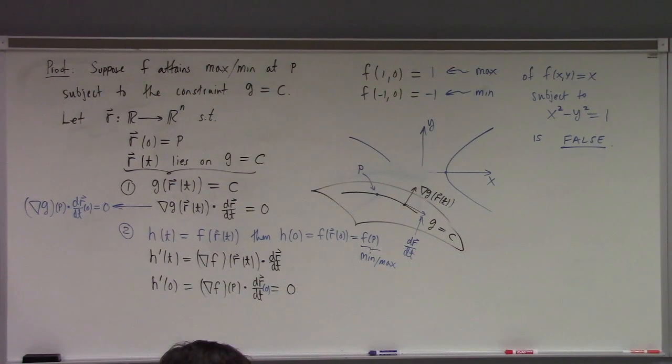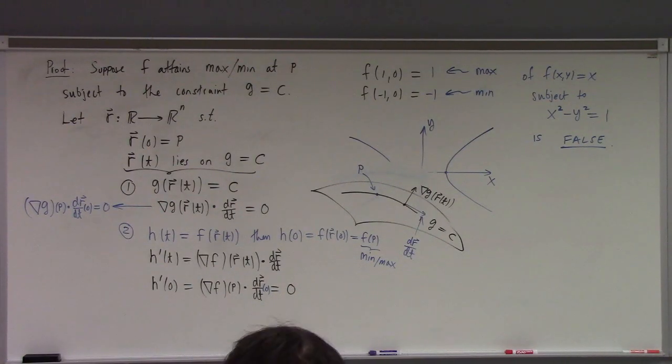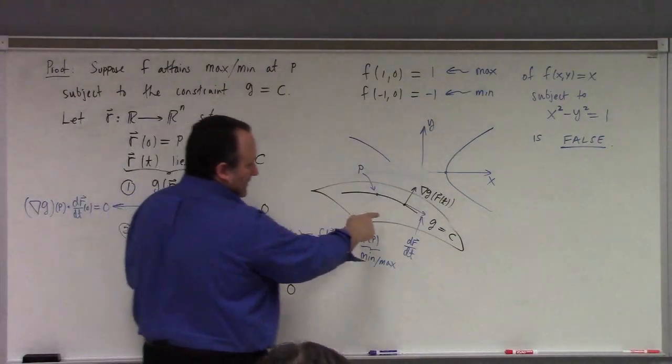So what does this show you? This shows us that the gradient of f is perpendicular to the velocity vector, and the gradient of g is perpendicular to the velocity vector. But how many different velocity vectors are we considering? Was this a specific one? No, this was an arbitrary path.